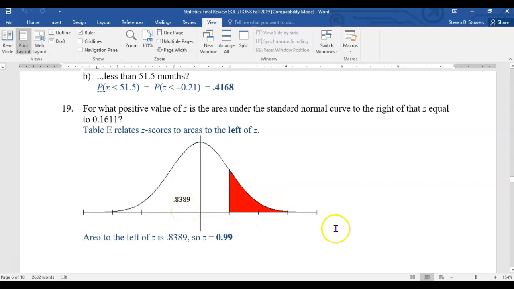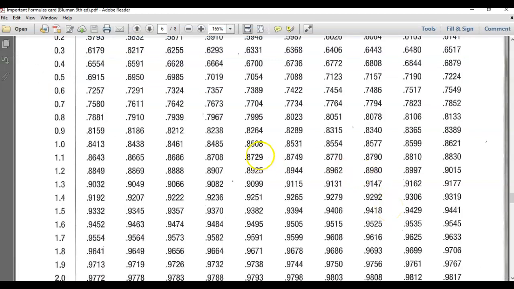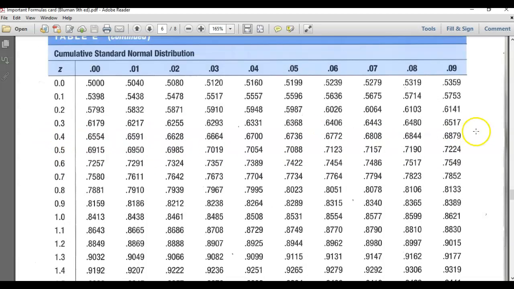Now I turn to table E, and I look for that number, 0.8389, and here it is, and it goes with a z-value of 0.99. So that is the z-value. It is positive. That's the answer.